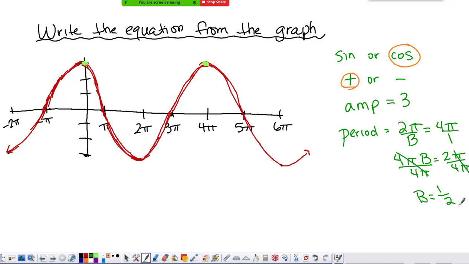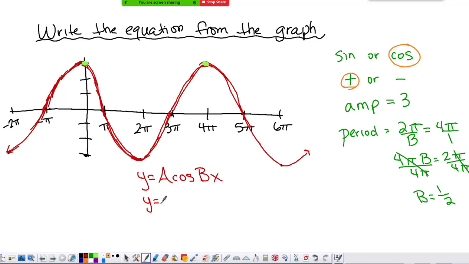So I think we have everything in order to write our equation out. So y equals a cosine of bx. Do we know our a? Yeah. Do we know our b? Yeah. We knew that it was cosine, and we know that it's positive, so we don't have to put the little positive symbol.